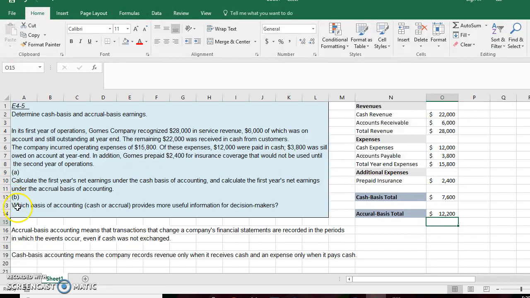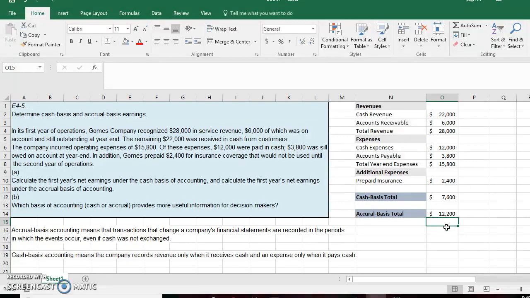Section B asks which basis of accounting, cash or accrual, provides more useful information for decision makers. Well, if you look here, the accrual basis has a lot more information than the cash because it also shows our accounts receivable and our accounts payable.